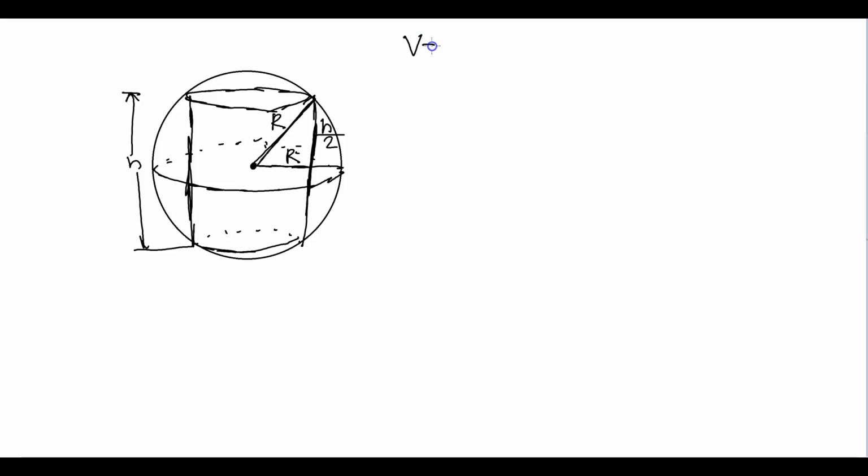Now the volume of our cylinder is pi r squared h. Which means this length is r, this length is r. So you have V equals pi r squared h.